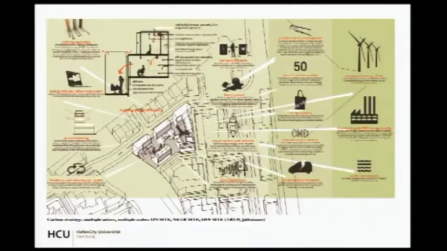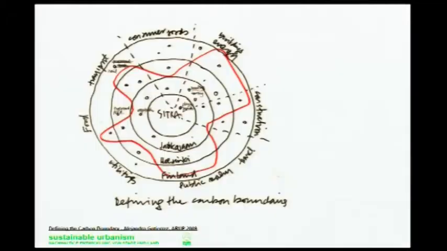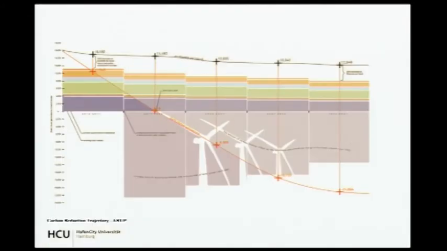So at which scale do you actually intervene? Here you see the regional scale, the more urban scale, and then the very local building scale elements that would play together to reach such an overall reduction.